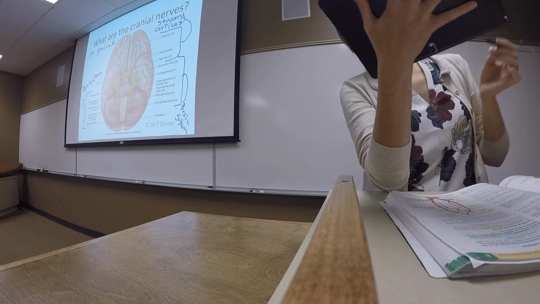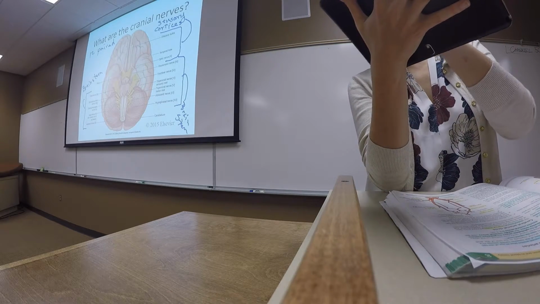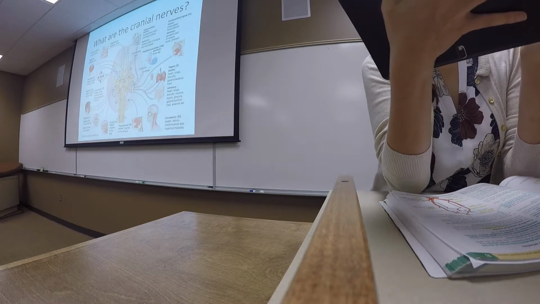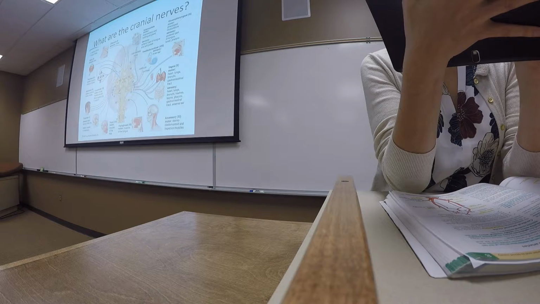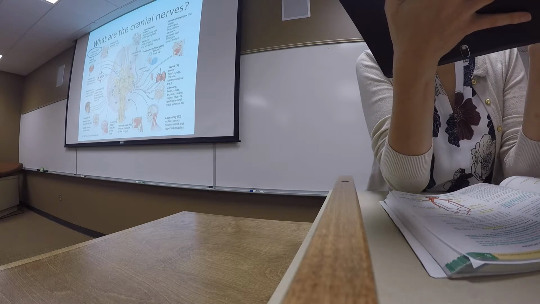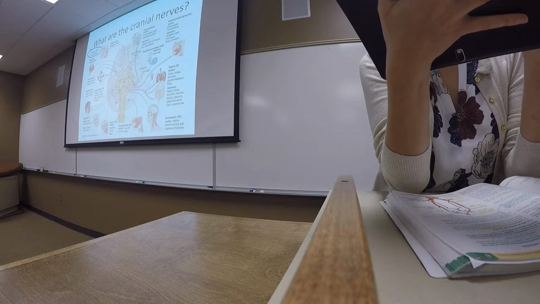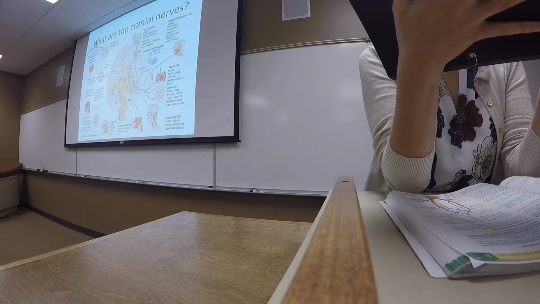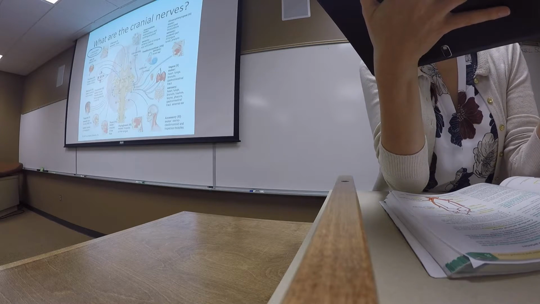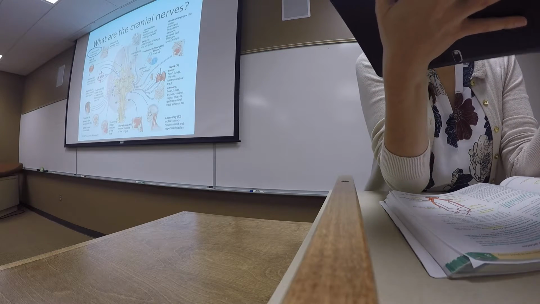All right, so obviously each one has a function. I like this figure because it shows which one has sensory and which one has motor fibers. So you need to know whether the cranial nerve is sensory or motor. What is it innervating?